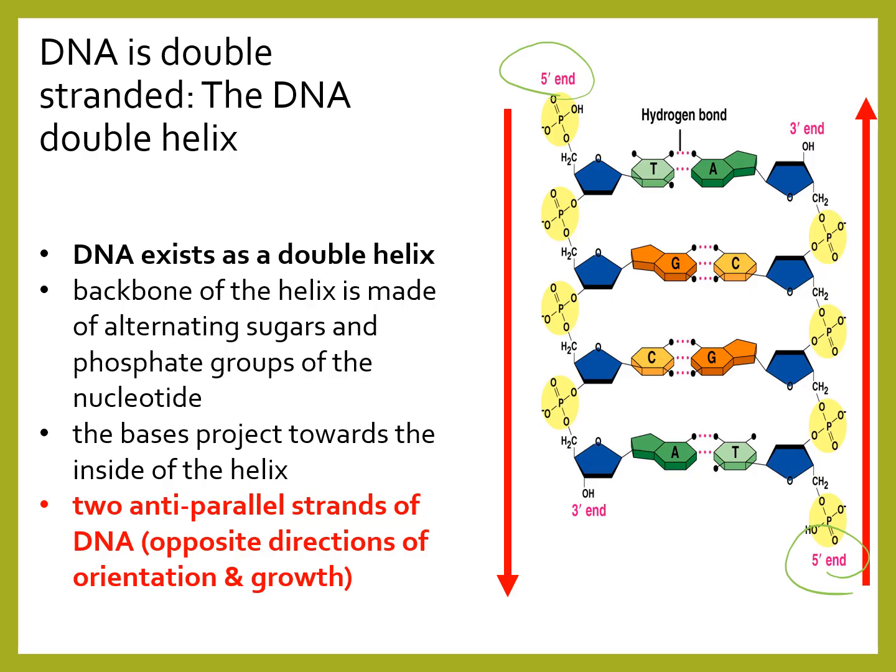So think of the DNA helix as being a spiral staircase, with the railings being the sugars and the phosphates, and the steps being the bases. You'll note that these bases pair up in a very specific way. This is known as complementary base pairing, and these complementary bases are linked by hydrogen bonds.